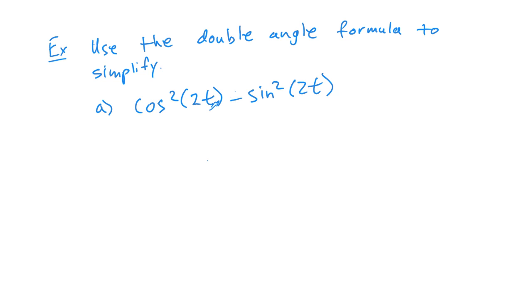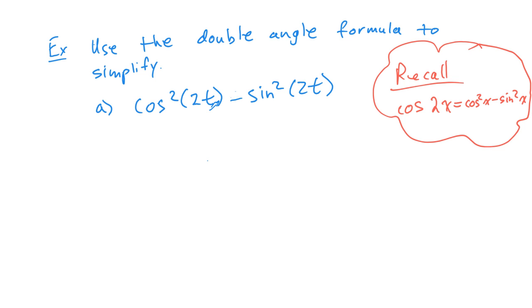Now that we've started with our double angle formulas, you're going to use them in this next question. Imagine you're going to use the double angle formula to simplify this first equation. I want you to remember what the double angle formula states: cosine of 2x is equal to cos squared x minus sine squared x.